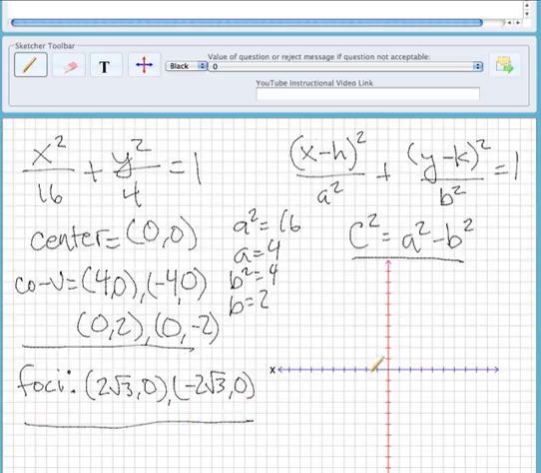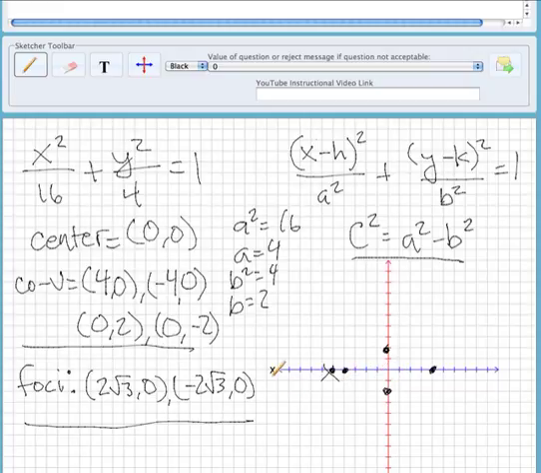So (4, 0), (-4, 0), then (0, 2), oh, I'm sorry, that was 5. There's 4. It's not part of it. And then (0, 2) and (0, -2).